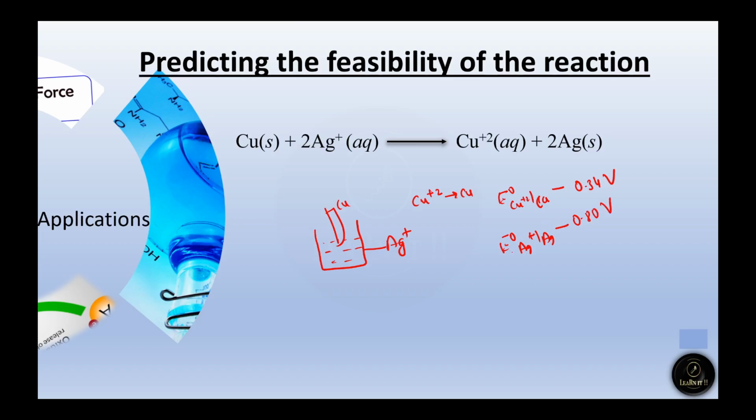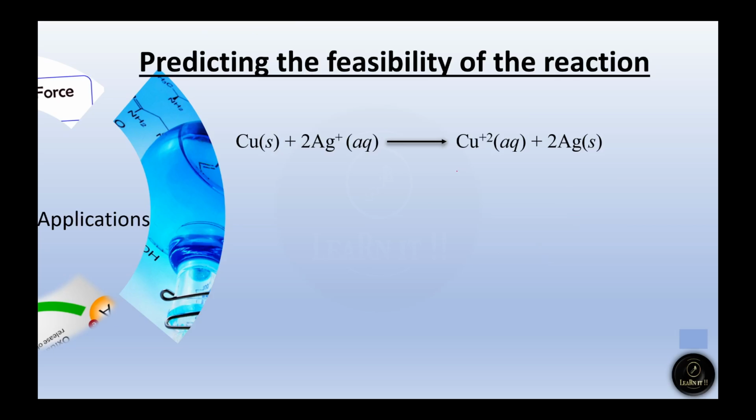So it means the reduction potential of the silver electrode is more. This means that when Ag+ ions are in contact with copper, they can grab the electrons from copper. So this reaction is feasible.